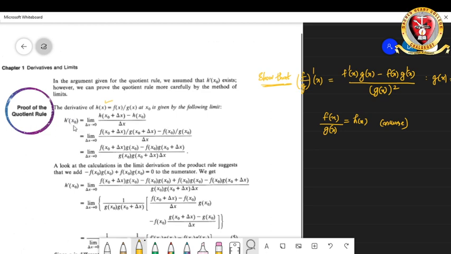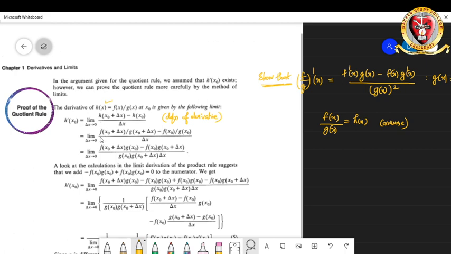So h dash of x naught, by the definition of derivative, is equal to limit of delta x tends to 0, h of x naught plus delta x minus h of x naught divided by delta x.